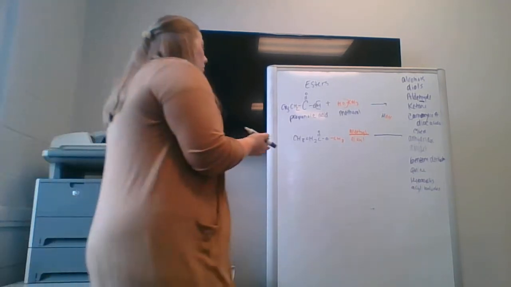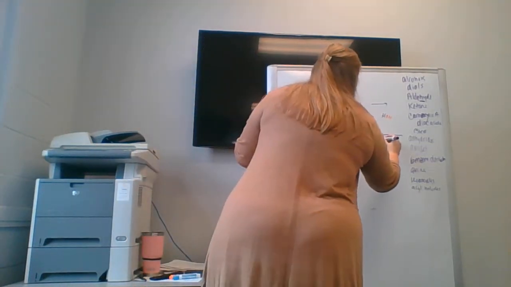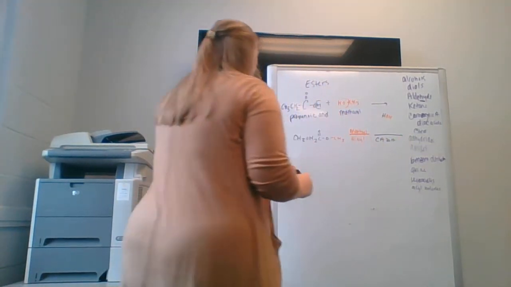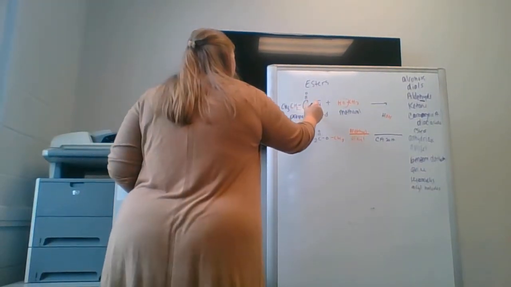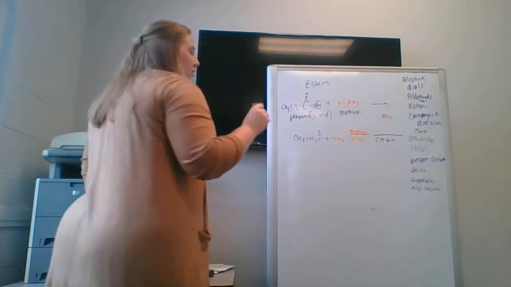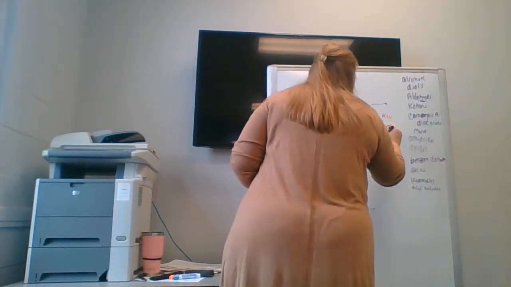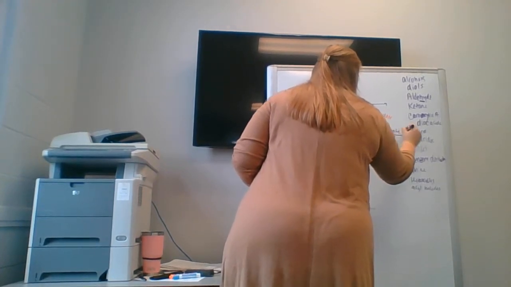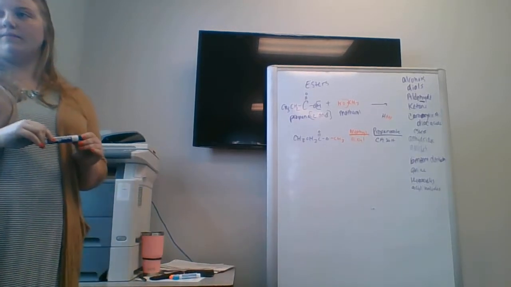So we take our carboxylic acid name and change it to a carboxylic acid salt. We drop the ic acid and add ate. So it goes from propanoic acid to propanoate. So this ester is methyl propanoate.